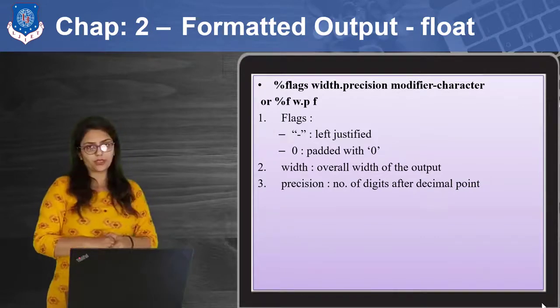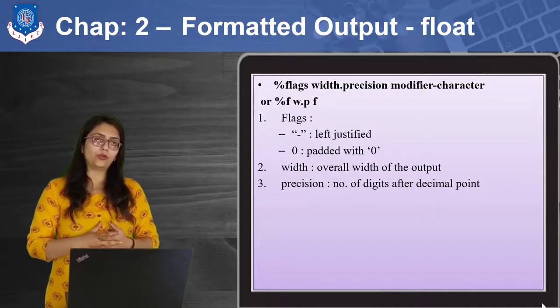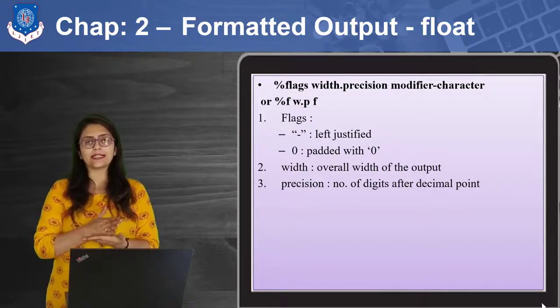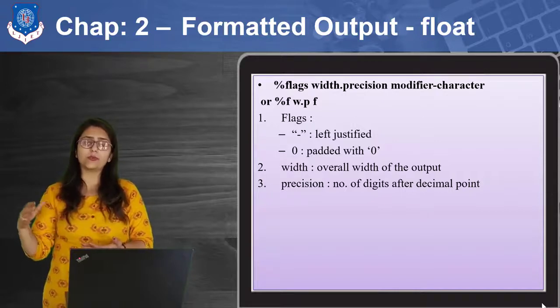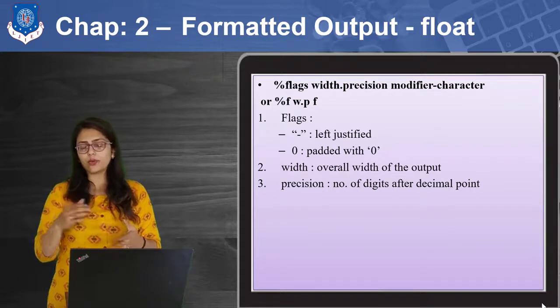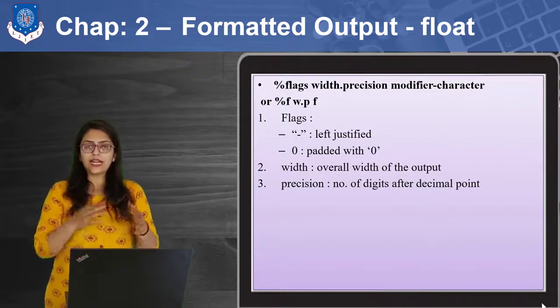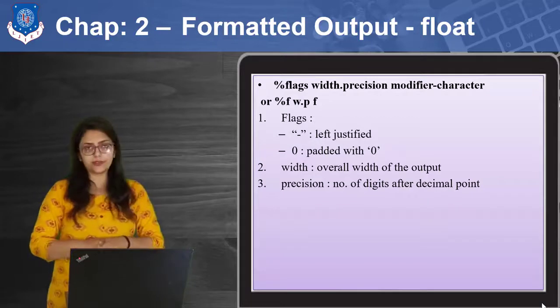Dot precision. Some students may ask, ma'am, what if in case of float I don't want to print the whole 6 decimal places? Instead, I just want to print the answer up to 2 decimal places. At that time, if you want to chop the precision, you can use dot precision.